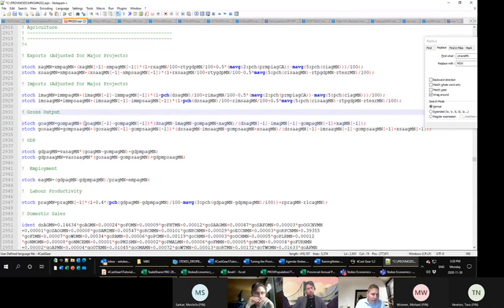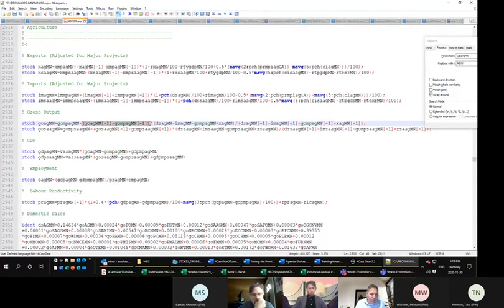Going forward, because we have a major project system, whenever you see these MP variables, that's what we're doing here. We take historical gross output and subtract the projects from it because we do not want them included in this estimate. We want them accounted for independently, which they are over here at the front.